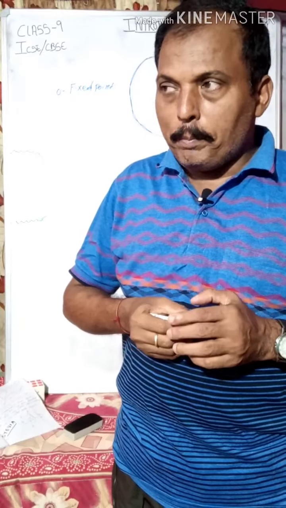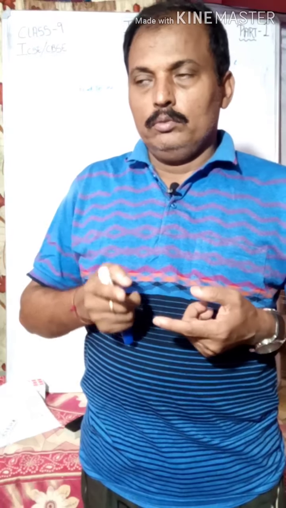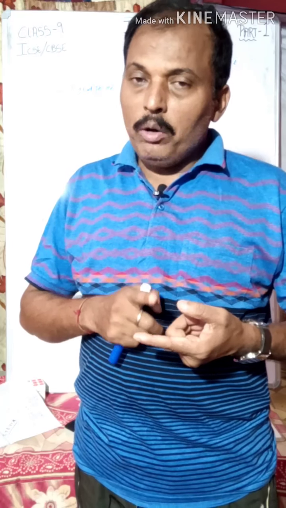You can simply say a curved path around a fixed point with equal distance is called a circle.